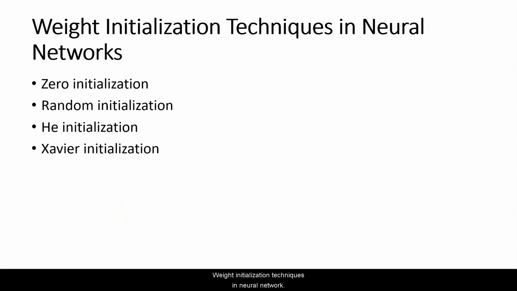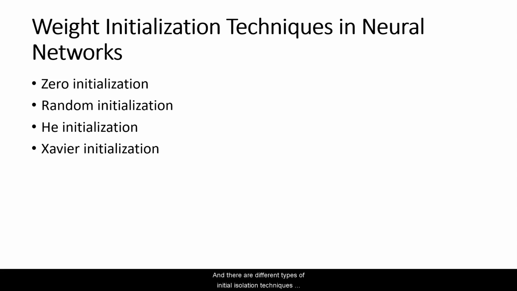Weight initialization techniques in neural networks. At this point, you might be aware that one of the starting points to take care of while building your neural network is to initialize your weight matrices correctly. This initialization step can be critical to the model's ultimate performance, and it is important that we choose the right initialization method.